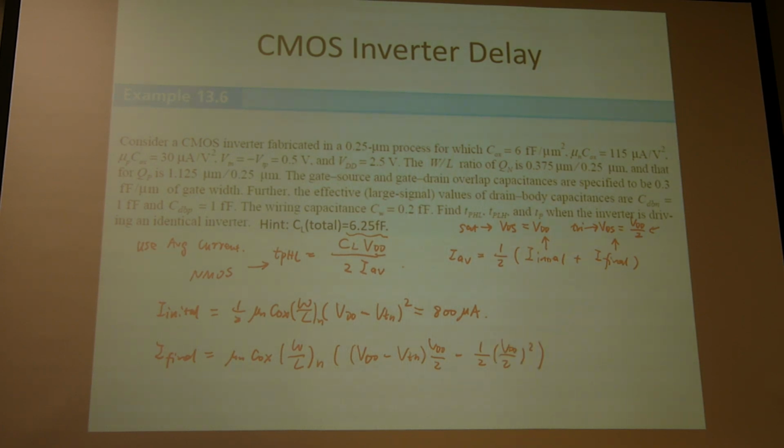So you have this equation for the final current. And you can plug in the parameters. You will get 690 microamp. So then the I average will be the average of those two. That will give you 740 microamp.